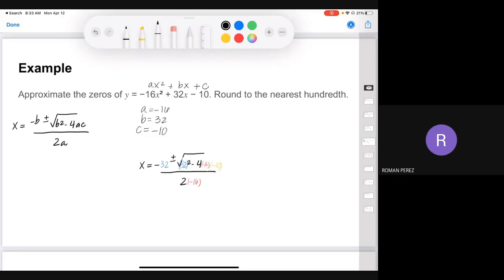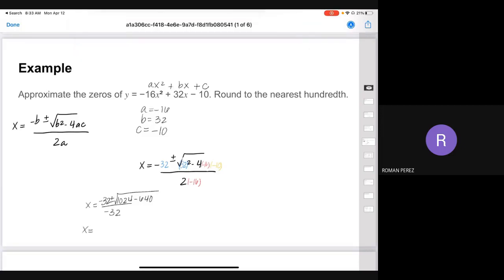And so I can simplify. Let's further simplify.